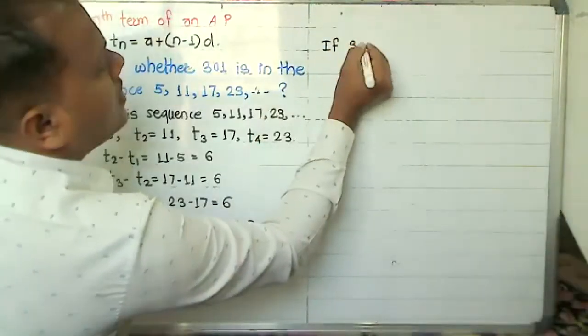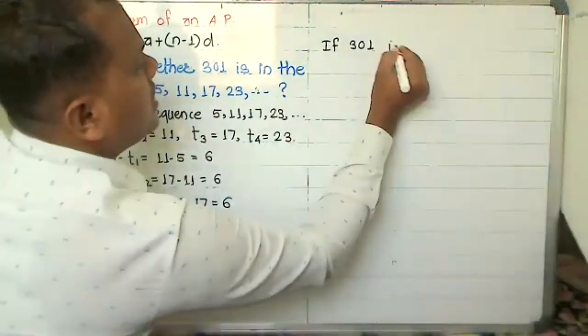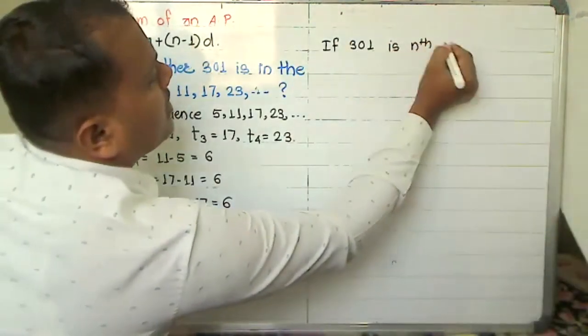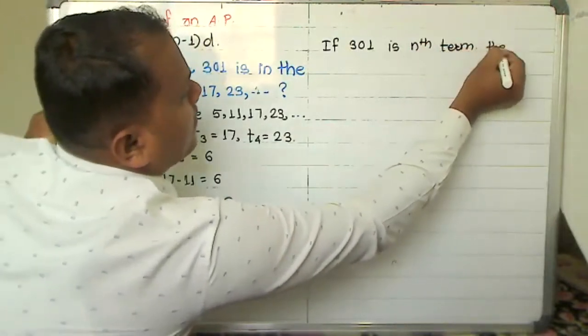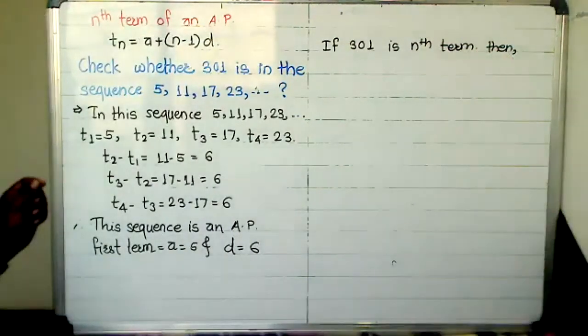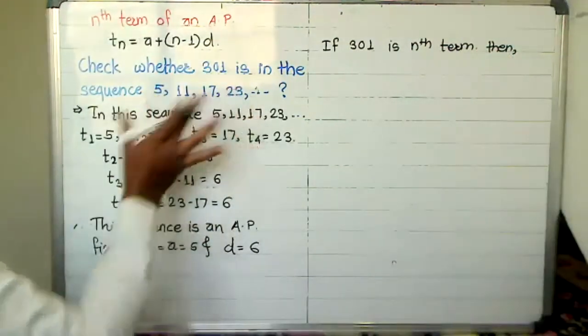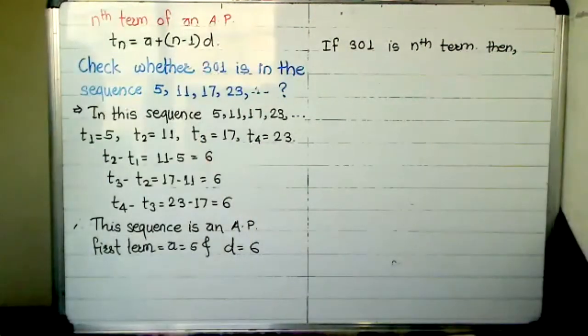If 301 is the nth term, if 301 is in the given sequence, then it must satisfy the formula.